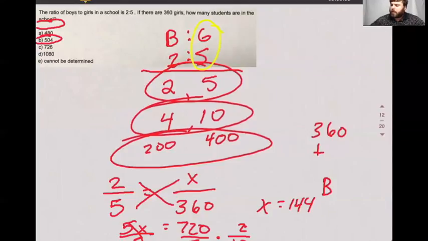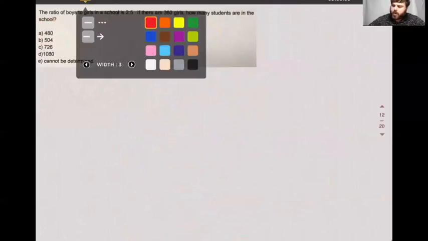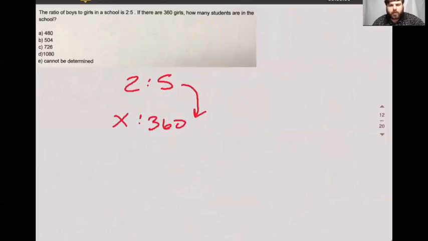Okay. Now, sometimes there's like little shortcuts to this. Okay. 2 to 5 is 360 to something. What you basically have to see is what number did I multiply 5 by to make it 360?